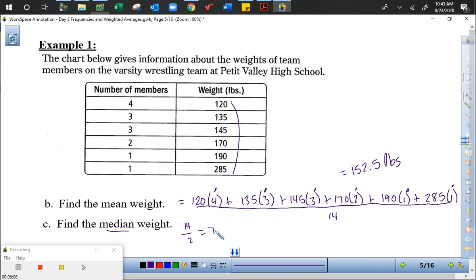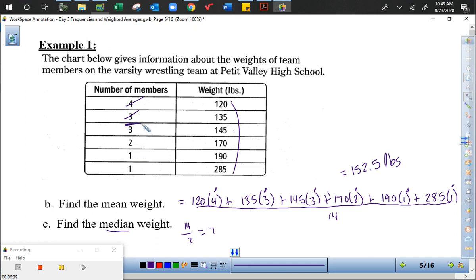Well, if we split that in half, that means our median actually falls directly in the middle of those two things. So what we're going to do is go find 7 on top, 7 on bottom, and we'll split the difference. These are already in order for us, so we just have to count 7. There's 4, there's 7 total. Then you'll notice on the other half, 1, 2, 3, 4, 5, 6, 7.